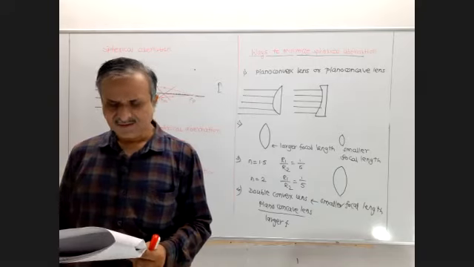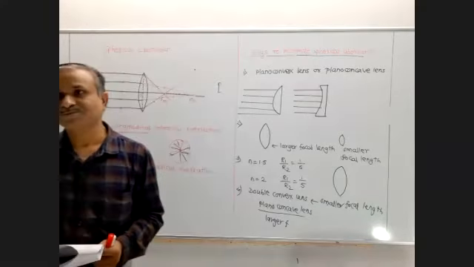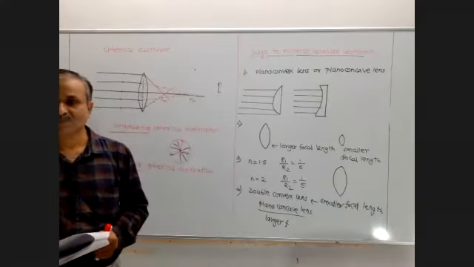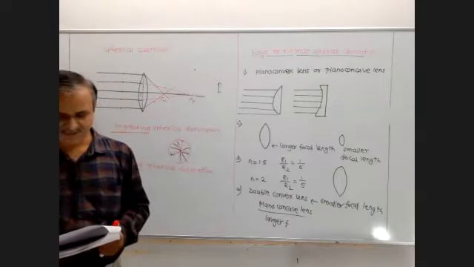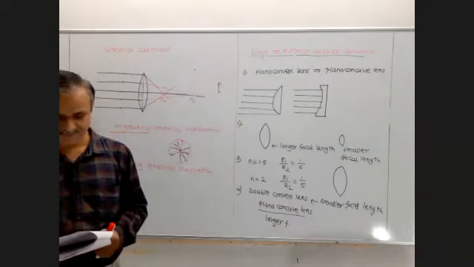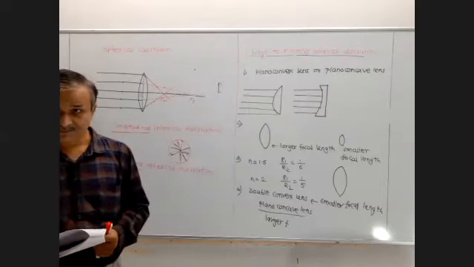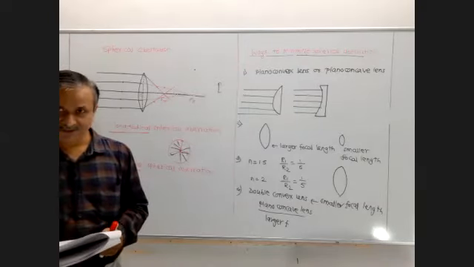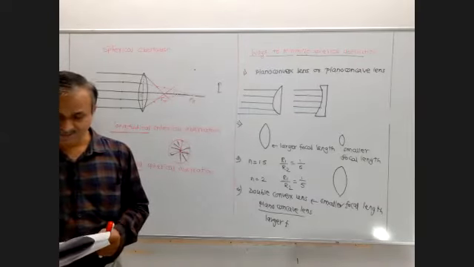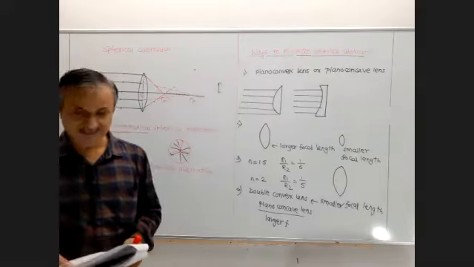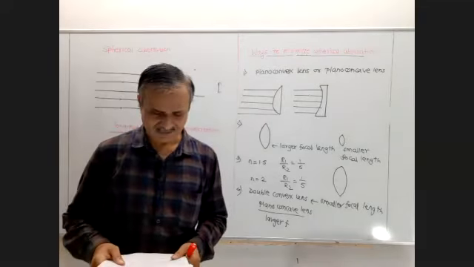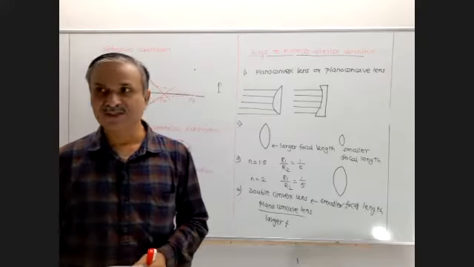Next, the distance between fm and fp is called longitudinal spherical aberration.